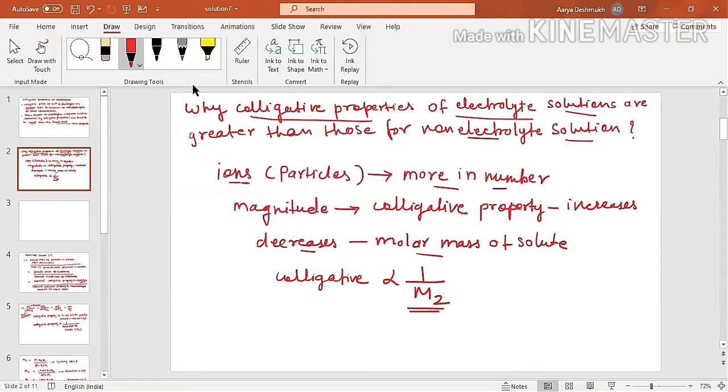This is the relation between the colligative property and the molar mass. So if the colligative property increases, the molar mass of the solute will go on decreasing. Means the observed mass of the solute will reduce to 1/2 or 1/3 or 1/4. I'll explain this by taking some examples.